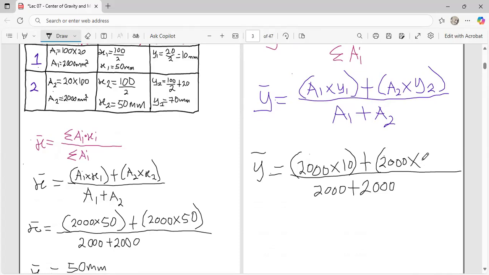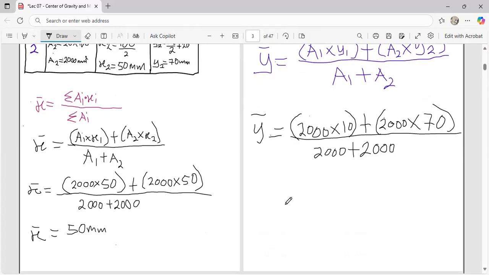And our Y2 we had 70. So you quickly punch this into the calculator and you realize that our Y bar is going to become, let's all quickly do that together.